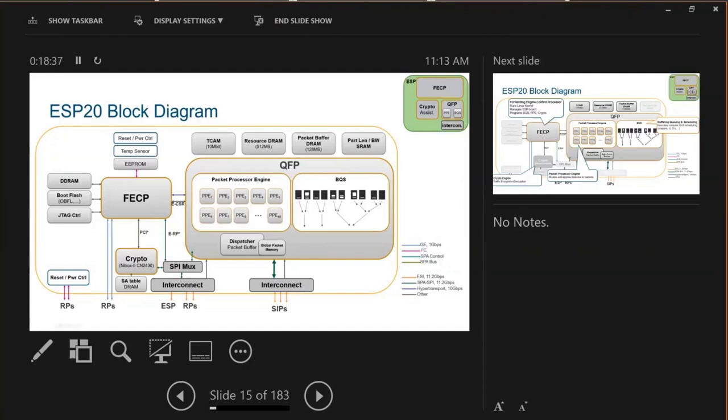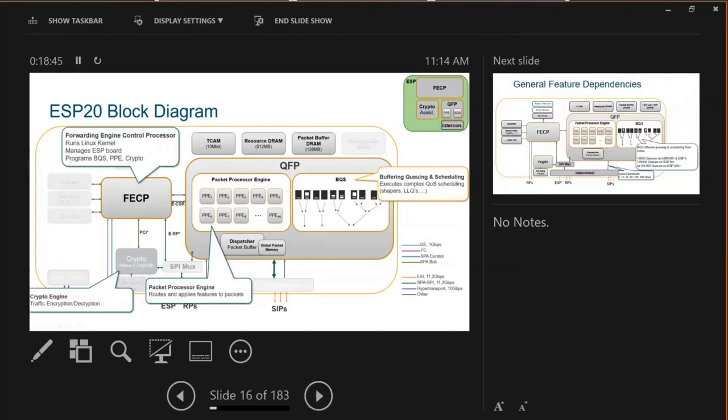This will be 128 MB of size, and when the packets are here, they will then be put into a packet buffer, where they will be sprayed into these PPEs in a random order.